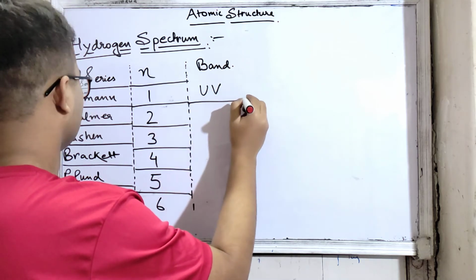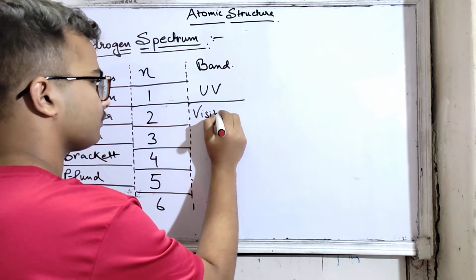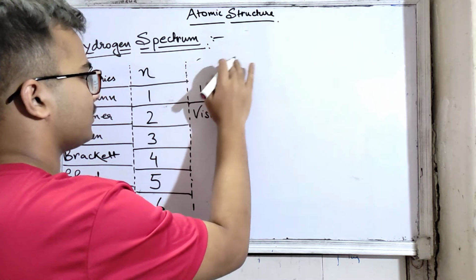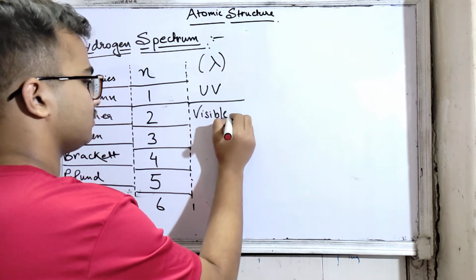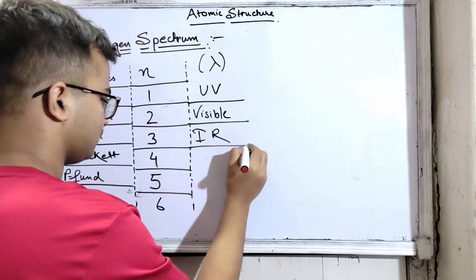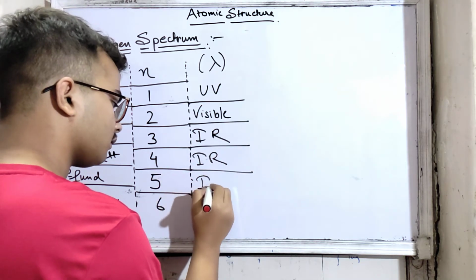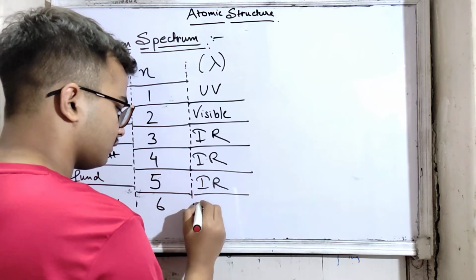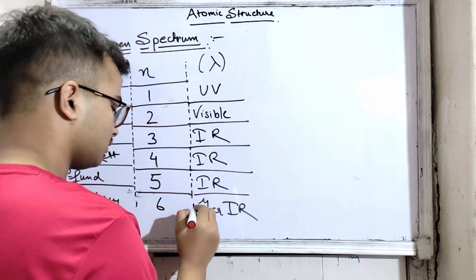Okay, the Balmer series follows the visible range, or you can say this is lambda. Okay, so you have to compare the value of lambda and determine. This one is IR, this one is IR, this one is also IR, and this is far IR. IR only, but more far.